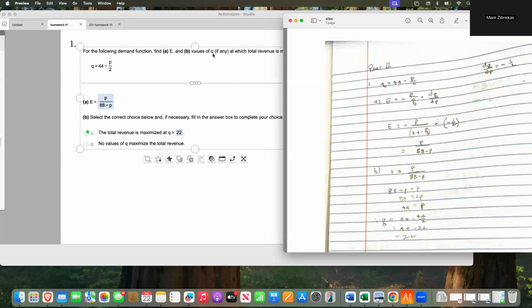But they want the value of Q to come up with the solution for this problem, so I pop that in. When P is 44, Q is going to be equal to 22. How do I know that? I just substitute into my original equation, and then I type that answer in.